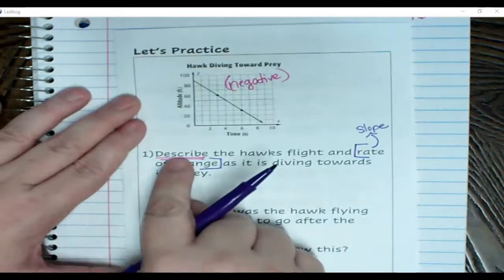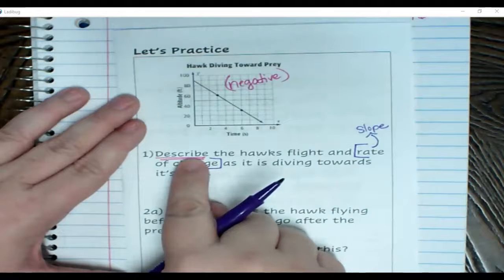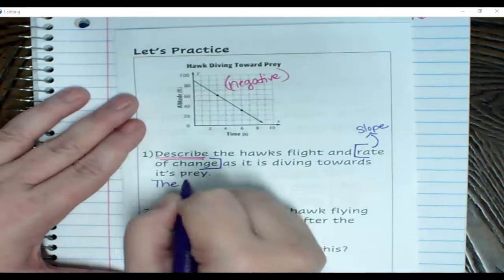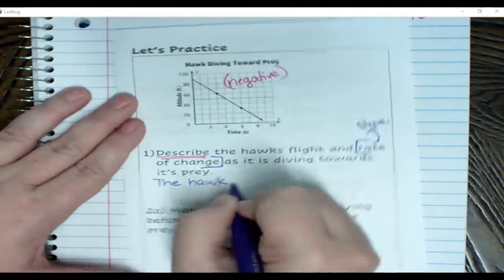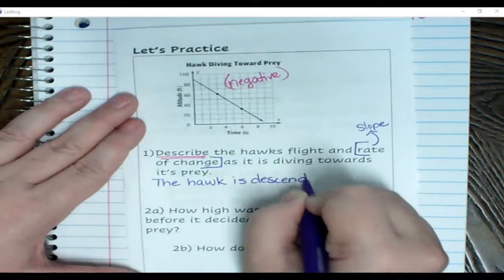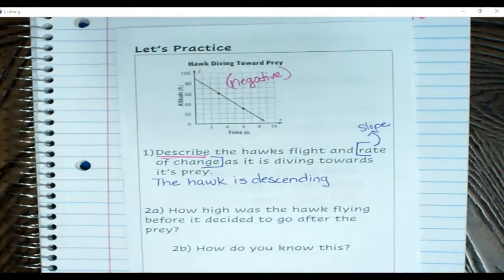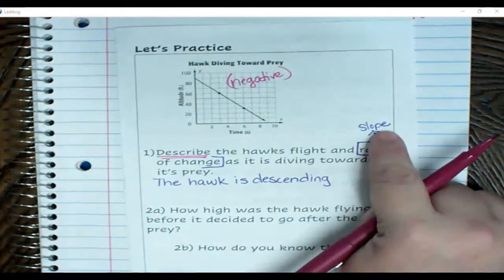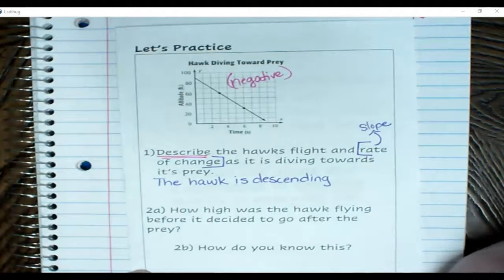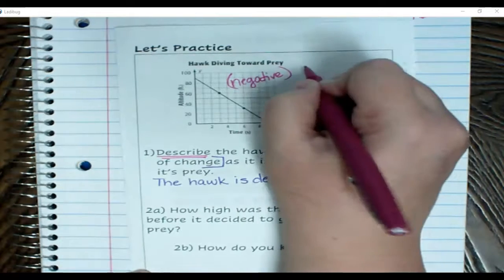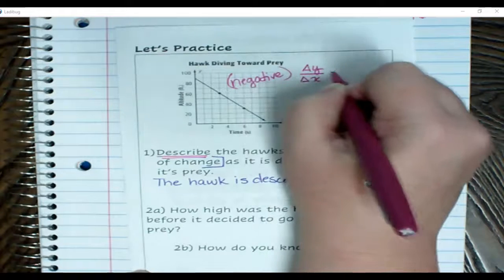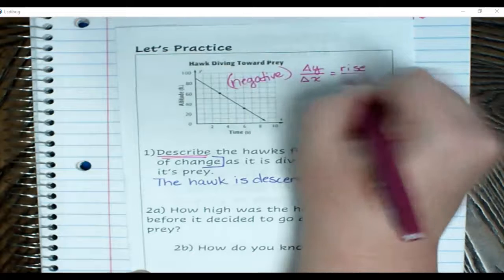So we already know the hawk is diving down, or the hawk is descending. But now we need to know at what rate he is descending. So again, we have to look for the slope. So I'm going to use this place up here to work out our slope. So again, we know slope is change in y over change in x, which is our rise over our run.